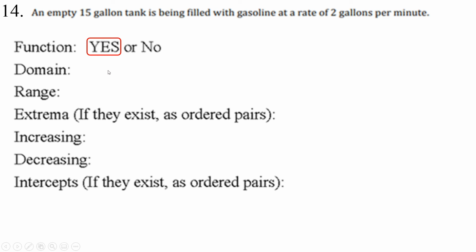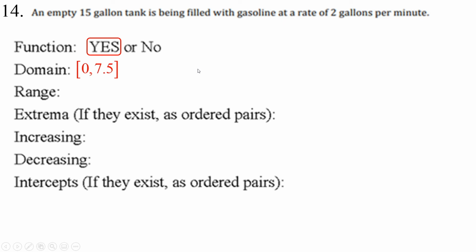And the domain is going to be, so I'm just going right from this. When I start filling my gas tank, time is 0. And how long is it going to take for me to fill my 15-gallon gas tank if it was empty at 2 gallons per minute? Wow, that's going to take a long time. That's going to take 7.5 minutes.